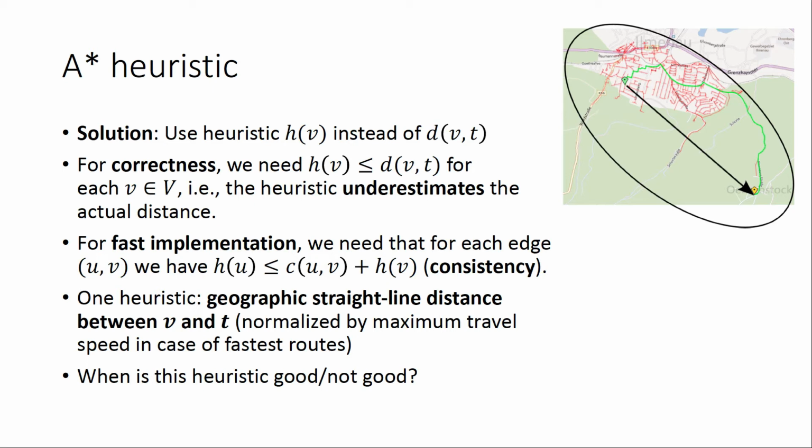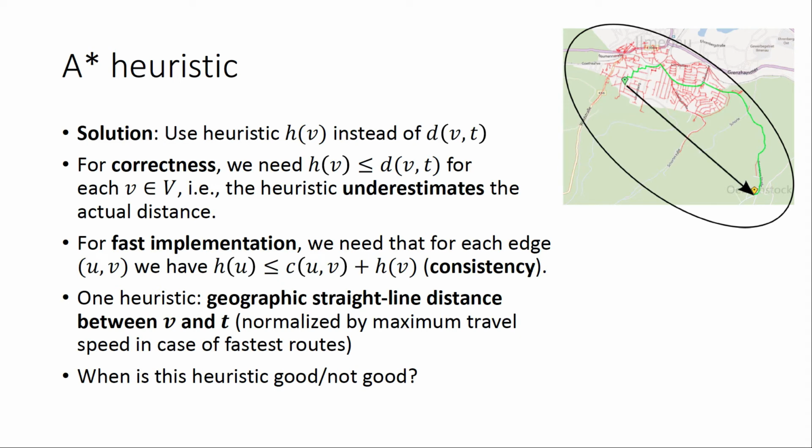Because the heuristic is super simple for you. The heuristic is just, you want to go from a node to your target. You don't know how long the actual path is. But what you do know is, if you were to fly from here to there, what is the distance? What is the straight line distance geographically?